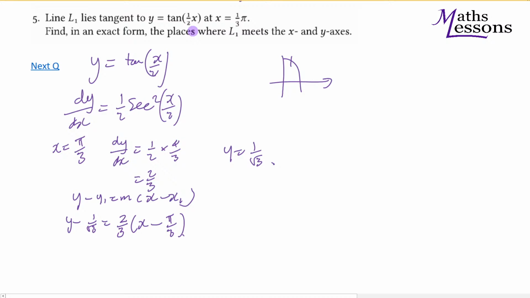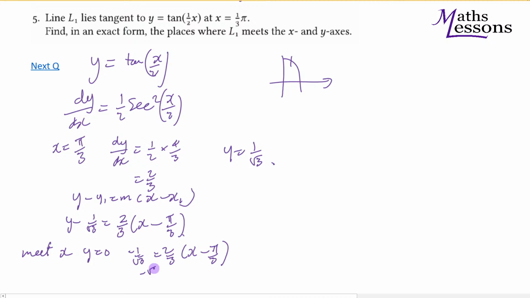Anyway, we want to find out where it meets the x-axis. So it meets x where y is equal to 0. So we get minus 1 over root 3 equals 2/3 open brackets x minus pi over 3. So we can times that by 3 and divide by 2. So 3 divided by root 3 is root 3, divided by 2.